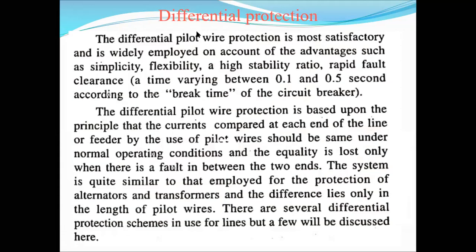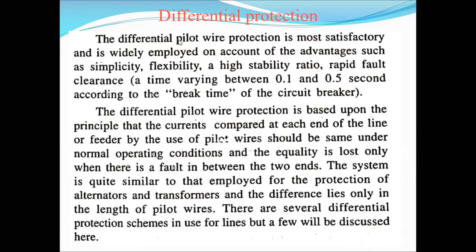The differential pilot wire protection is most satisfactory and widely employed on account of advantages such as simplicity, flexibility, a high stability ratio, and rapid fault clearance. This is because the differential pilot wire protection is very simple, flexible and has a high stability ratio.